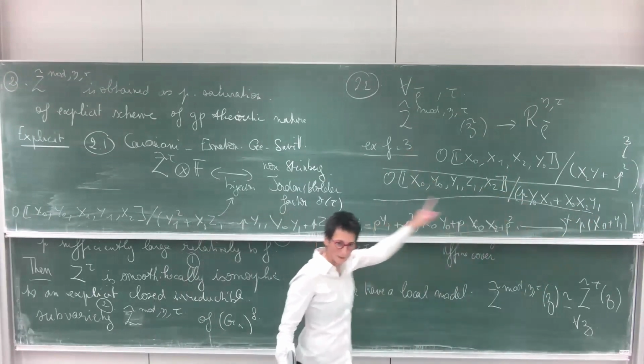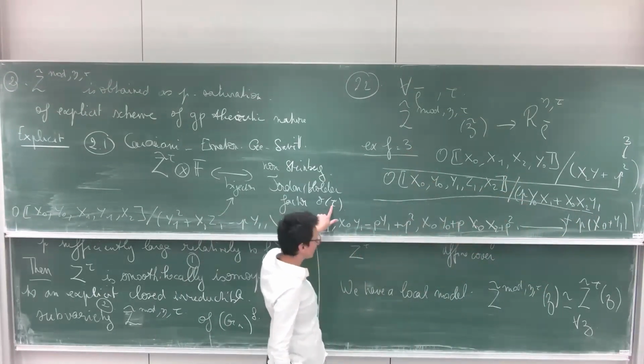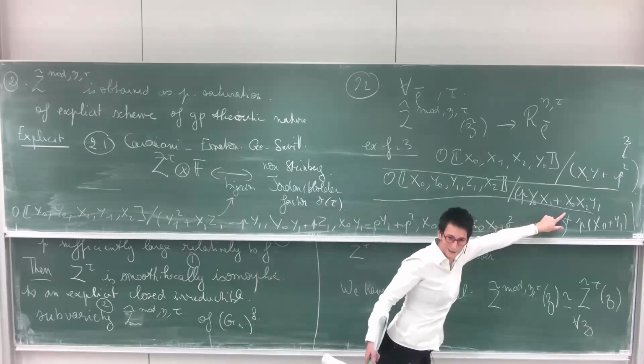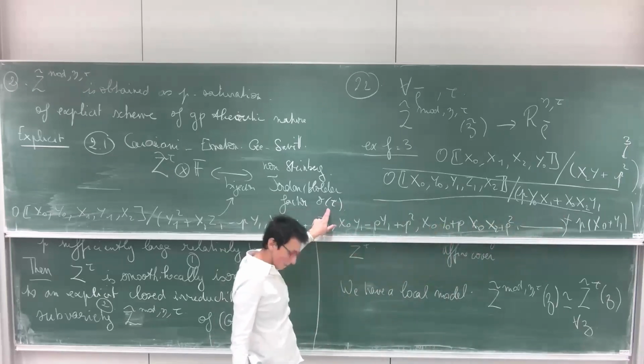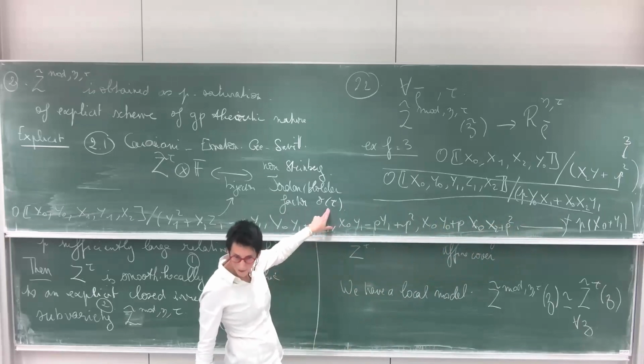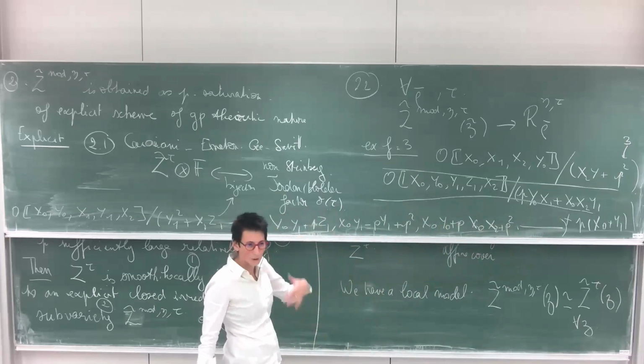You can make an explicit translation between this term and this one. This is the linear representation associated to tau. So there is a way to associate to a type a GL2 representation.